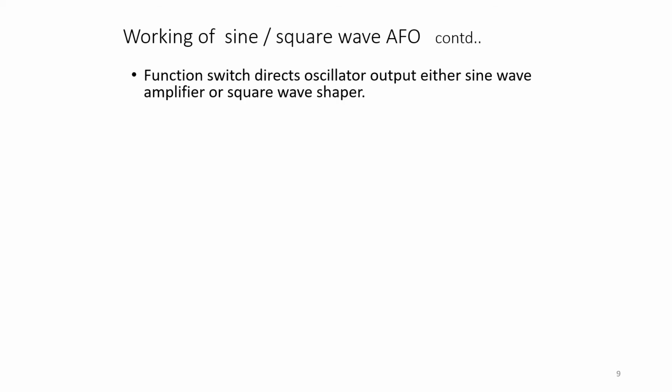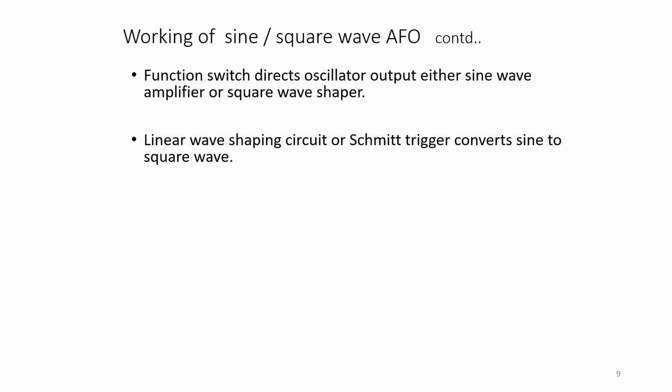The function switch directs the oscillator output either to the sine wave amplifier or the square wave shaper. If I need a sine wave, I put it in the sine wave position. If I need a square wave, I put it in the square wave position. The linear wave shaping circuit or Schmitt trigger circuit, as I told, converts sine wave to square wave.